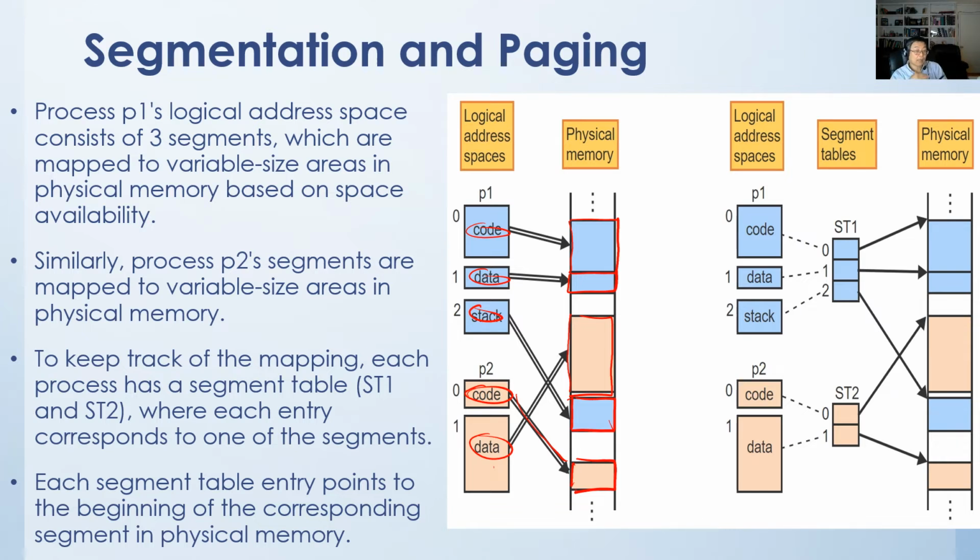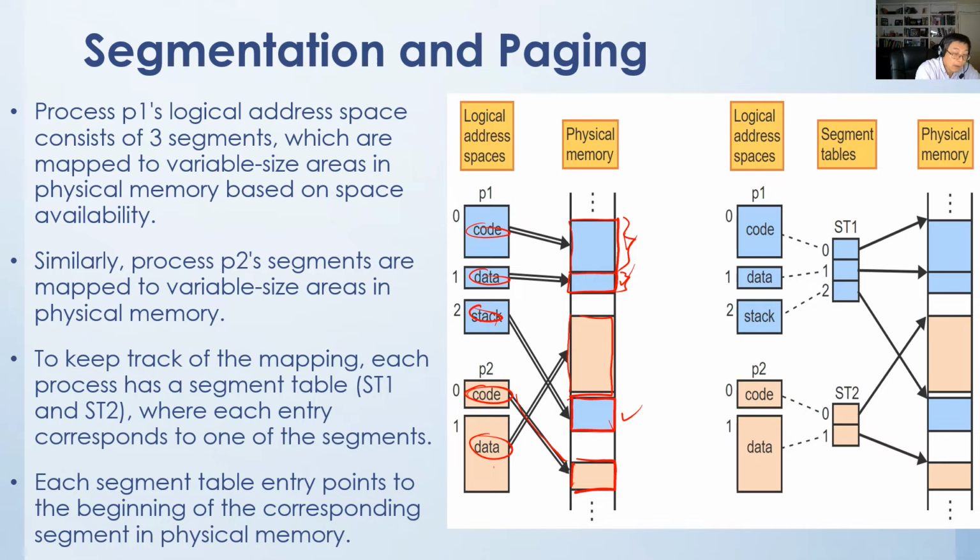I still can put different pieces of code into different memory locations, like code I put over here, and data over here, and the stack over there. Okay, I still do that, and each segment has a different size. That's the difference between segmentation and paging, because when I do paging, all the page sizes are the same.